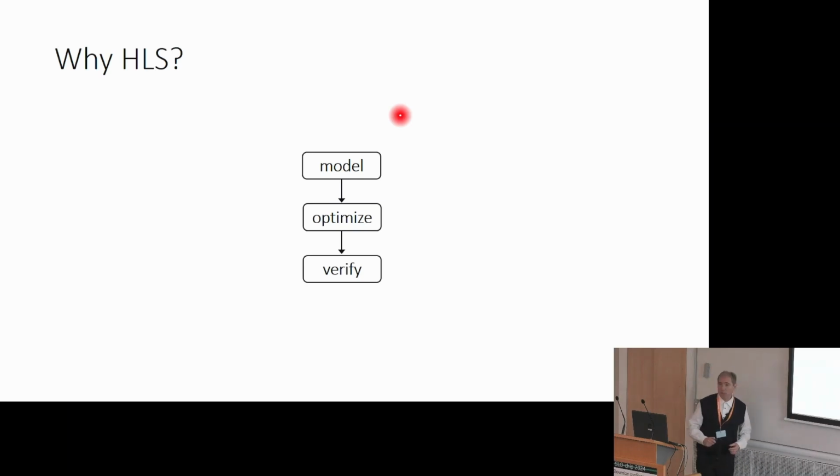And we also need to verify. And if we do it the traditional way with VHDL or Verilog, these are register transfer languages, writing the model is a time-consuming process for complex designs because we need to put a lot of details there. We take care of every bit and every clock cycle of the design.